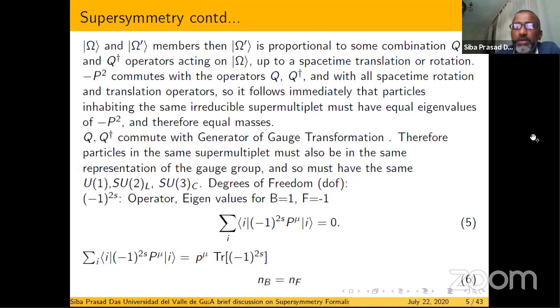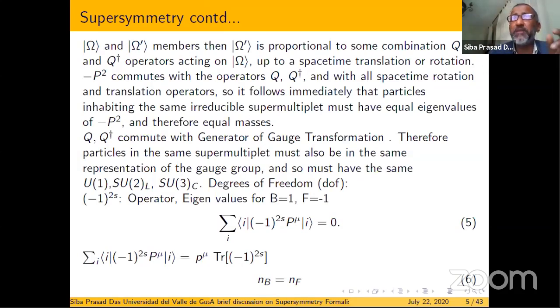Minus p squared is the Casimir, which is basically the m squared of the Poincare algebra. It commutes with the operators Q and Q dagger, and with all space-time rotation and translation operators. So it follows immediately that particles inhabiting the same irreducible supermultiplet must have equal eigenvalues of minus p squared. So what is the eigenvalue of minus p squared?